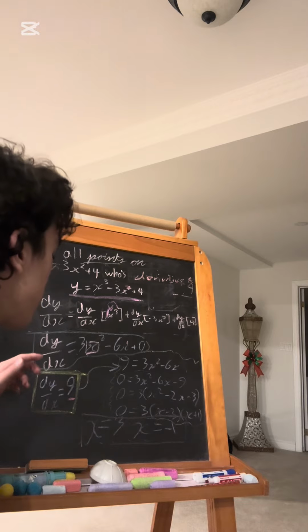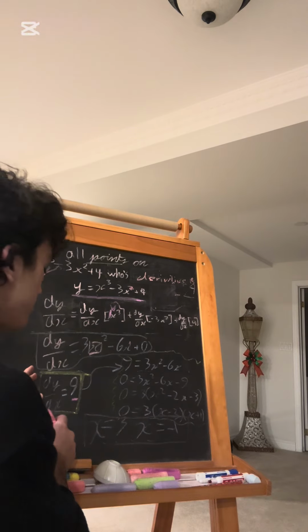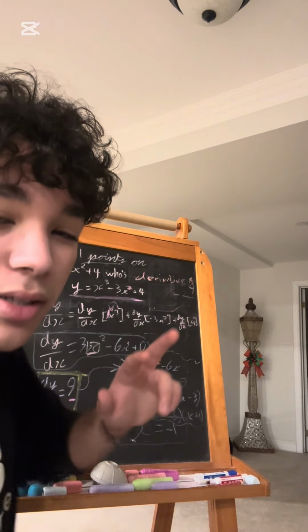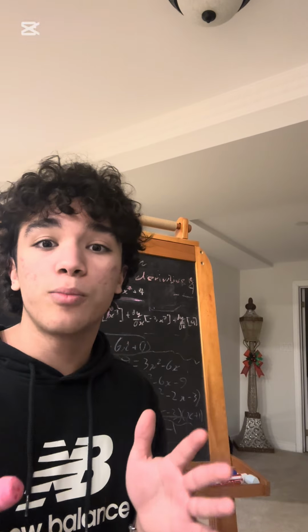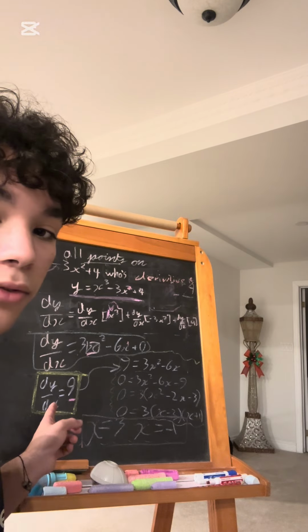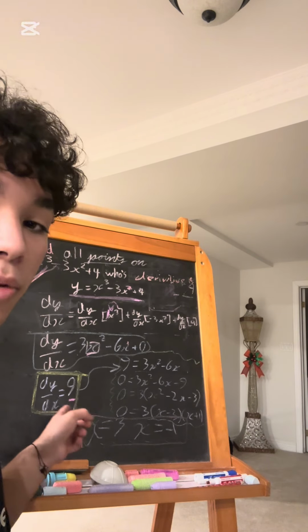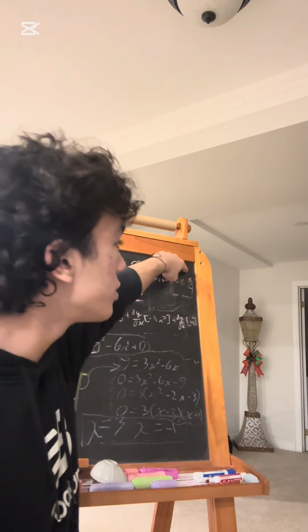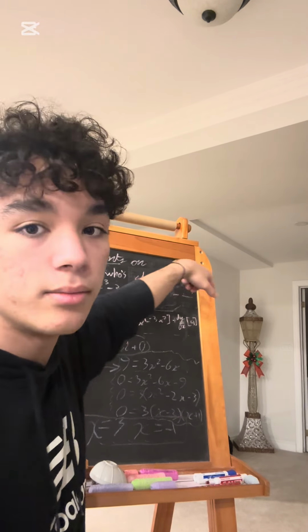So we can set dy over dx equal to 9, because dy over dx is the slope of the tangent, and that's what we're solving for. They told us to find where the slope of the tangent is 9.